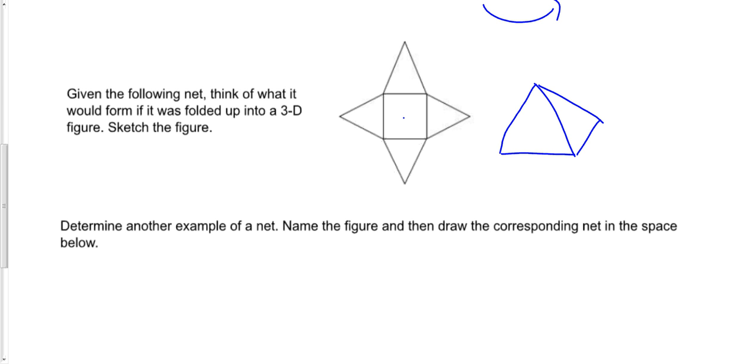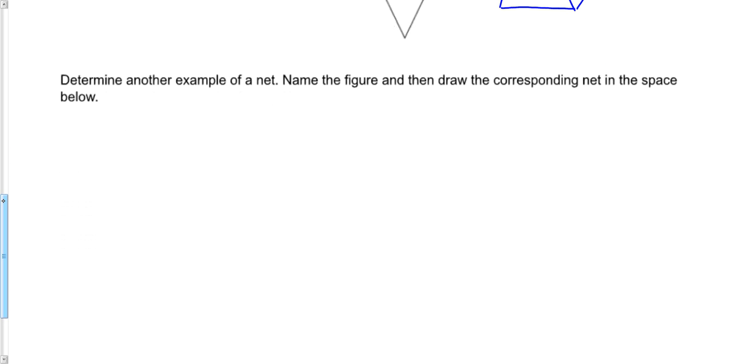Okay. So it says here that we should determine another example of a net, name the figure, and then draw out the corresponding net in the space below. So if I was to take a cereal box, for example, let's do a quick isometric drawing of a cereal box. Here I've got a three-dimensional cereal box.